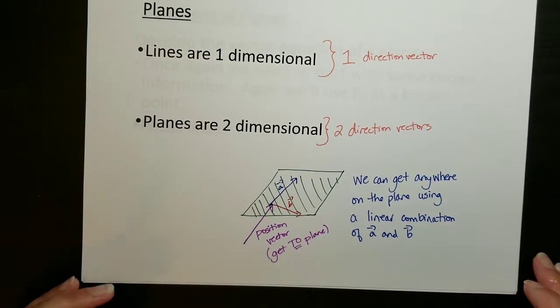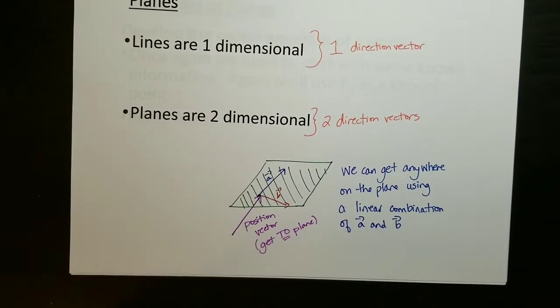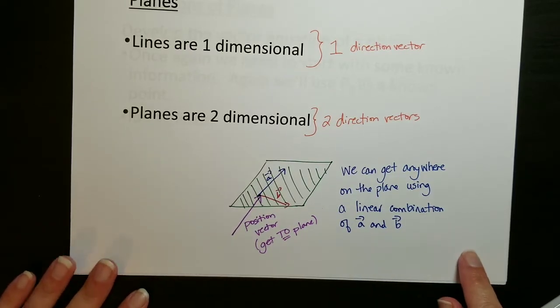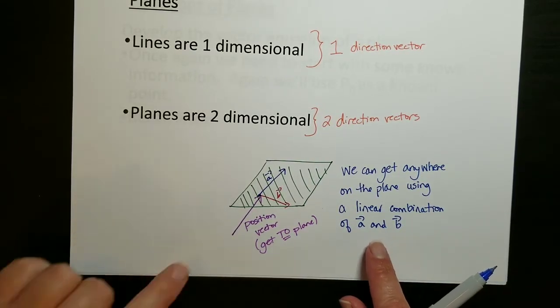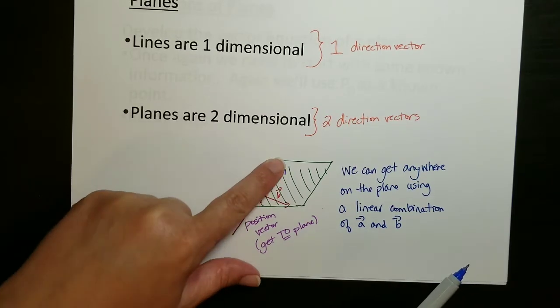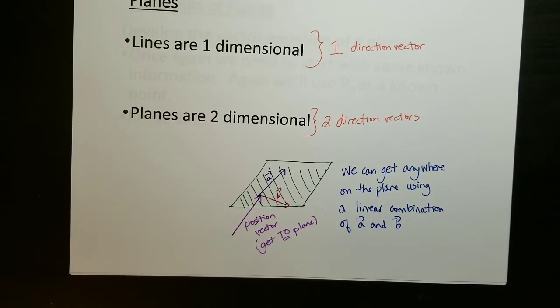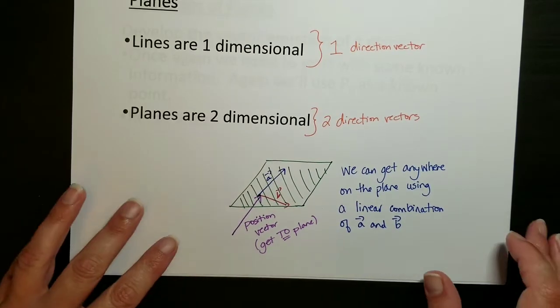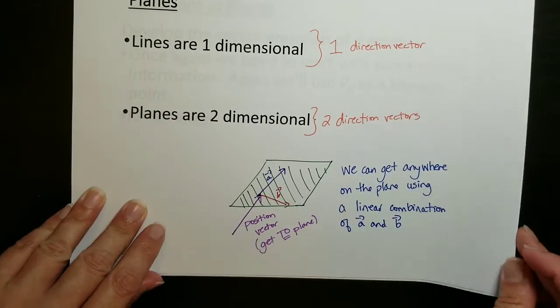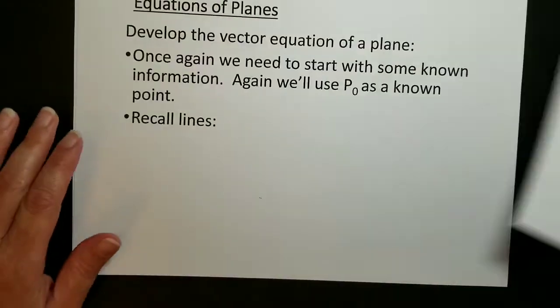But now, because a plane is a two-dimensional shape, we need two direction vectors to move around on the plane. Like in lines, we had a position vector to get to the line and then a direction vector that helped us move along the line. Here, we're going to have a position vector to get to the plane, but then because planes are two-dimensional, we need two direction vectors to move around anywhere on the plane. And that's how we're going to build the vector equations for planes.